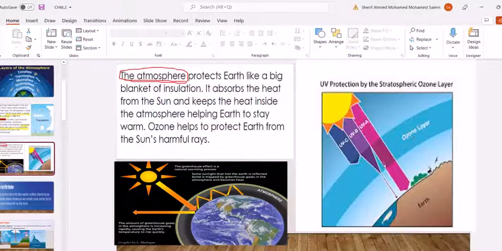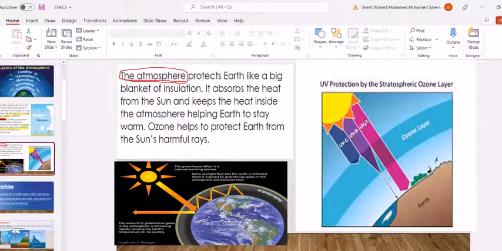It protects the Earth from the bad rays which come from the sun. Oh, teacher, the sun has bad rays? Yeah, harmful rays. The sun has many rays. Some of them are useful for living things, and others are harmful. So the ozone layer protects the Earth from these harmful rays.